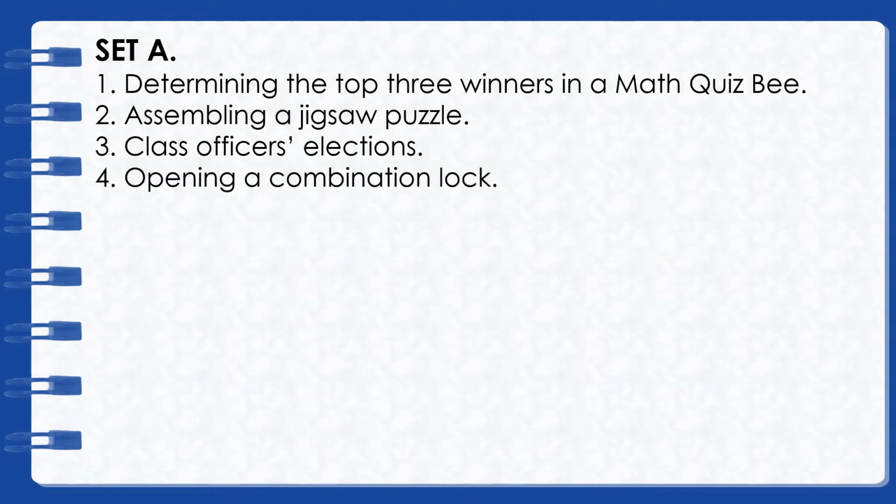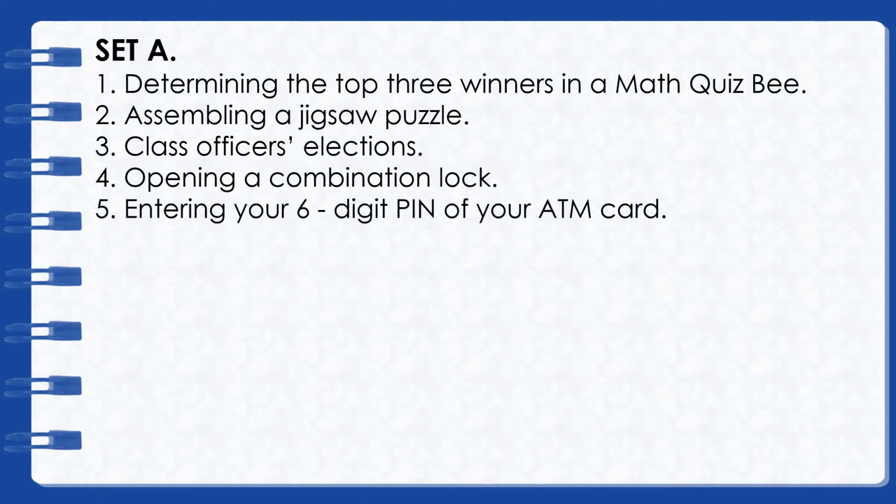Number 4, opening a combination lock. And number 5, entering your 6-digit PIN of your ATM card. In our 5 given examples, does the order matter or does not matter? Is it a permutation or a combination? Correct! The answer is permutation.